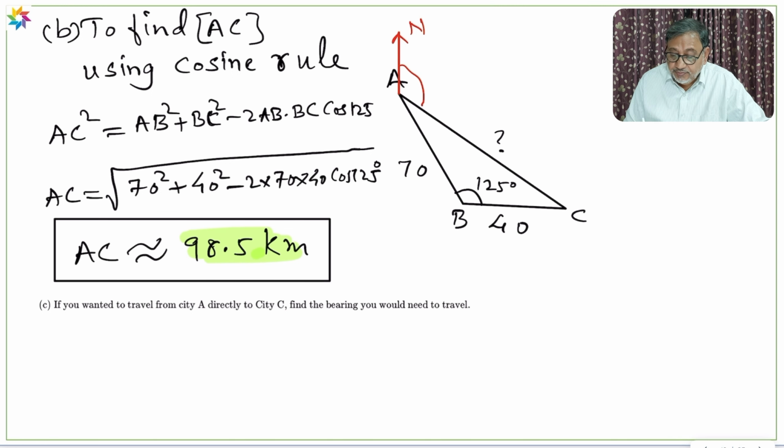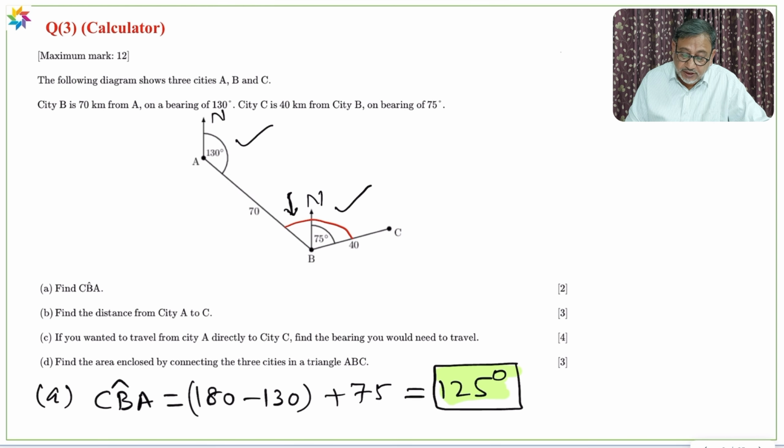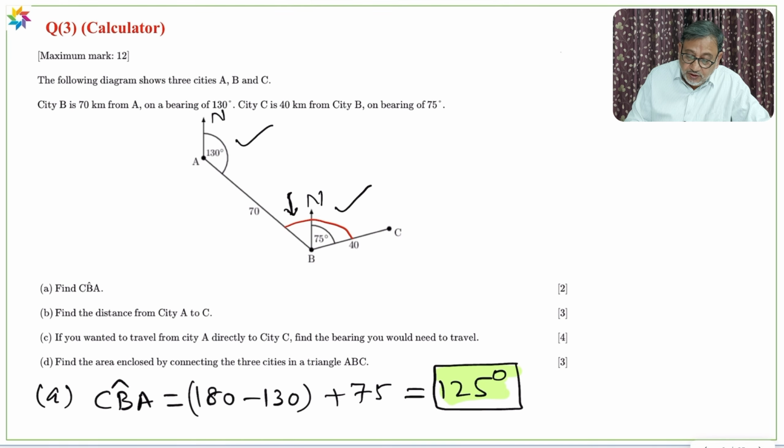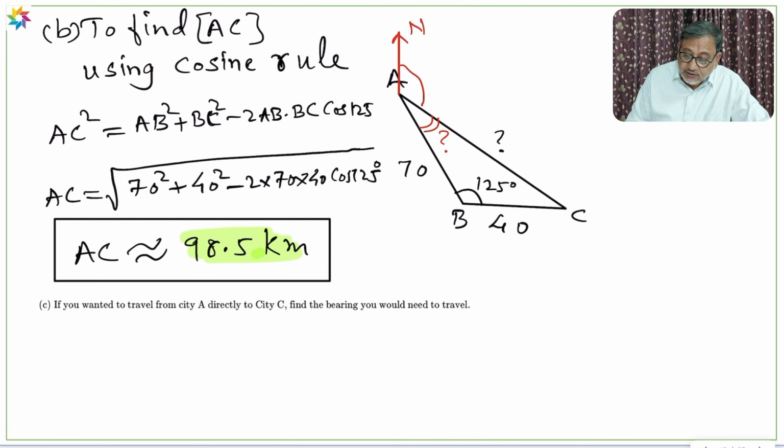So first I will have to find this angle. How much is that? So from 130 I will subtract that angle, because the whole of it we have 130. So from 130 I will subtract that, that will be my bearing, right?